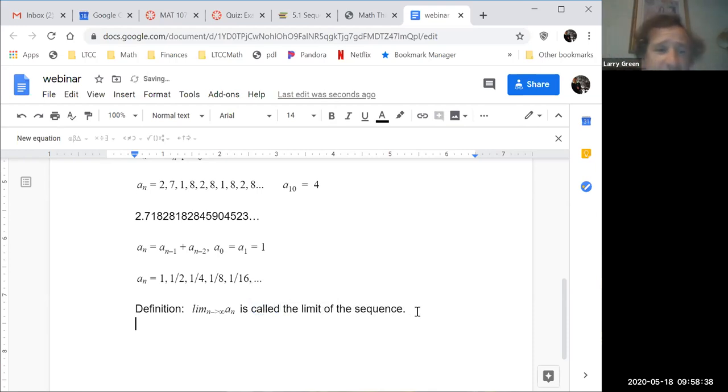Now I'm going to say the formal definition. You're not going to do much with it, but I should say it just so you get used to it. The limit as n goes to infinity of a sub n equals L if, given epsilon greater than 0, there exists a capital N such that if lowercase n is larger than capital N, then the absolute value of a sub n minus L is less than epsilon.